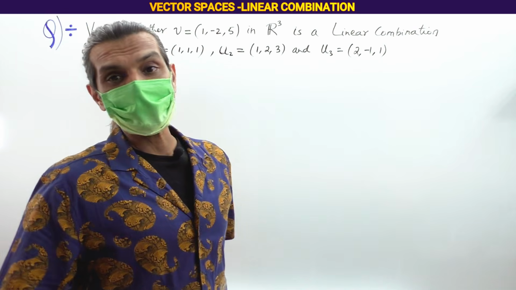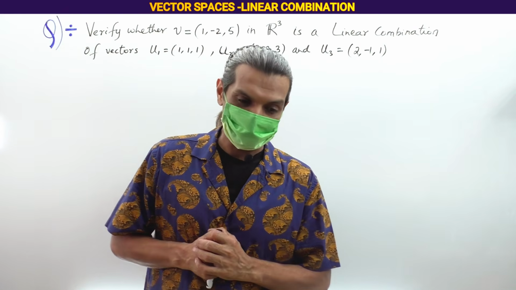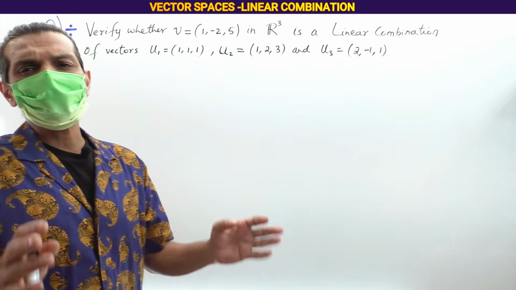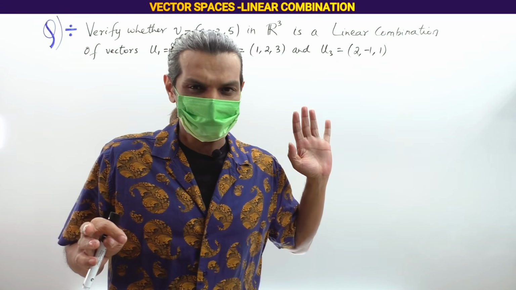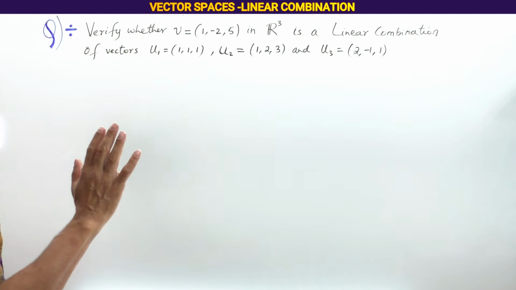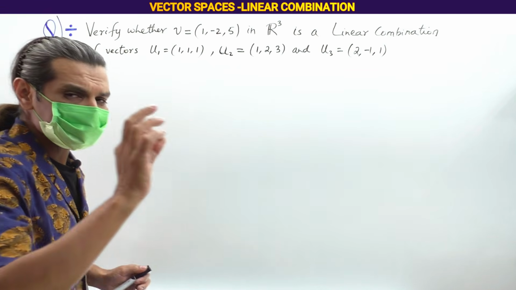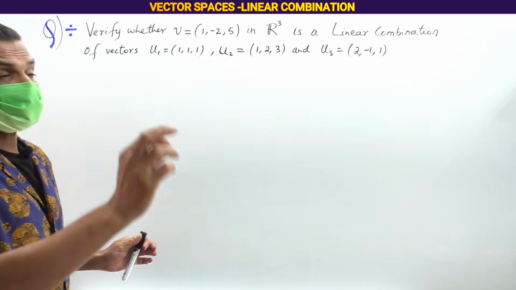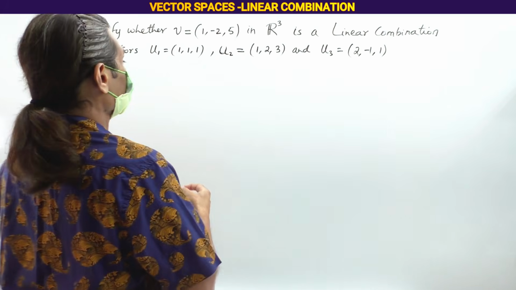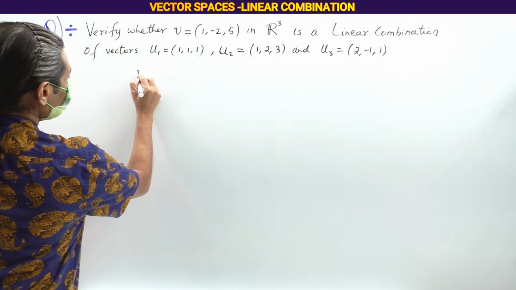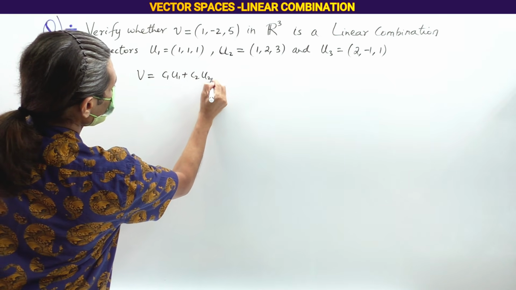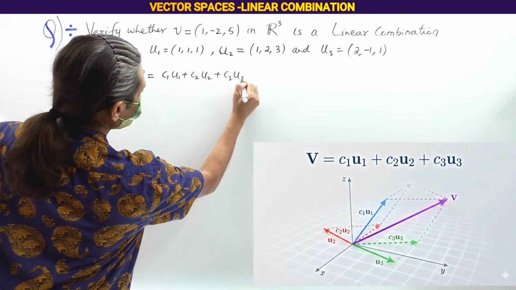Here R³ is a 3-dimensional space of real numbers. The linear combination is a very simple concept. As the name says, the simple condition for the vector V to be a linear combination of U1, U2, U3 is that V = C1 U1 + C2 U2 + C3 U3.